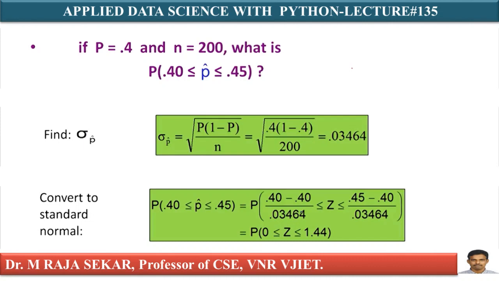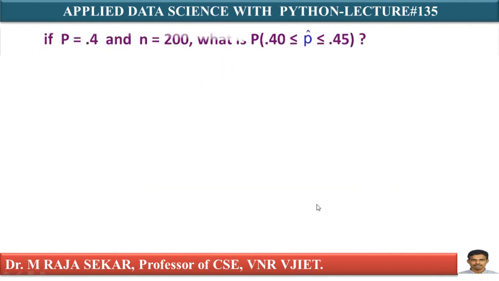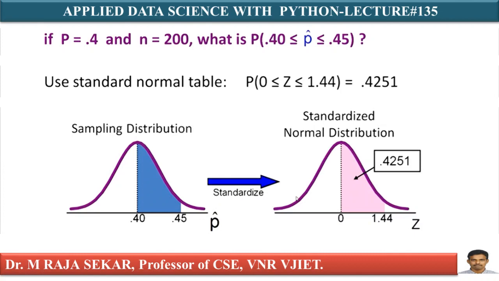We know how to see the standard normal distribution table. I have shown it in my previous lectures. Just go to the table. This is the sample proportion between 0.40 and 0.45. If I convert, it becomes between 0 and 1.44. Just go to the standard normal table and find the value corresponding to 1.44. You will get 0.4251.